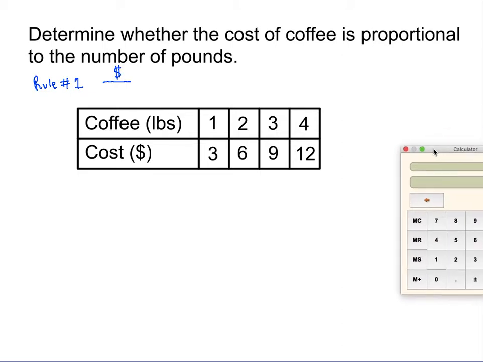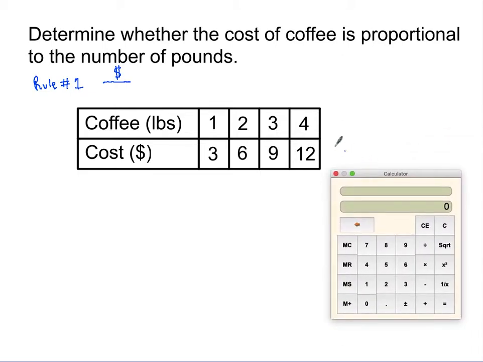So as I set up some proportions here, or rather some ratios to determine if it's proportional, all I got to do is take the data points that go together. 1 pound of coffee costs $3. So I would set that up as a ratio, 3/1. And that doesn't simplify. That just stays right where it is. There's nothing I can do with that. So it's good to go.